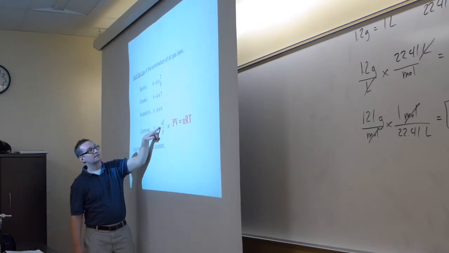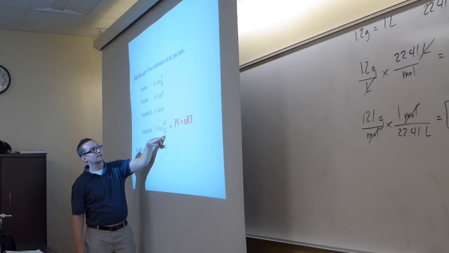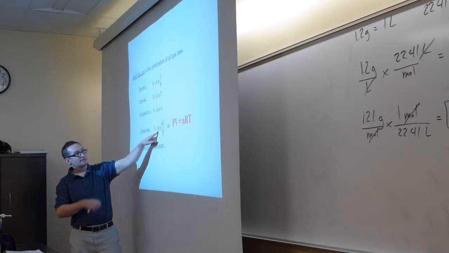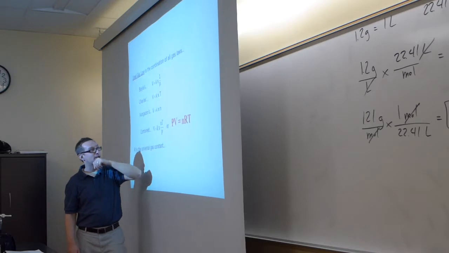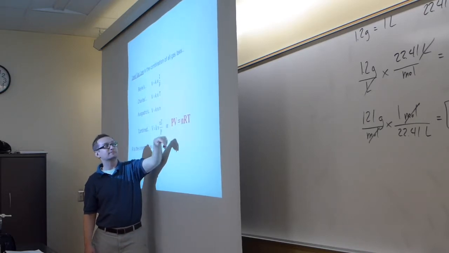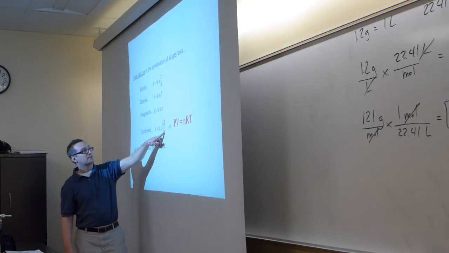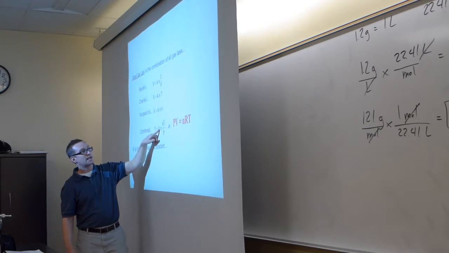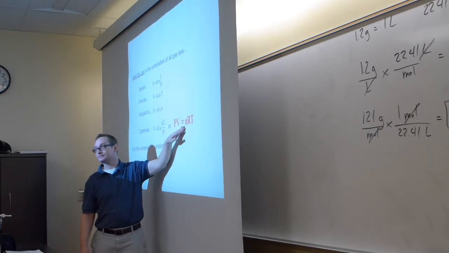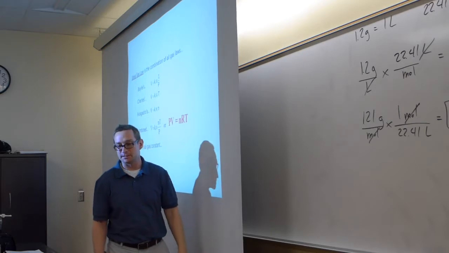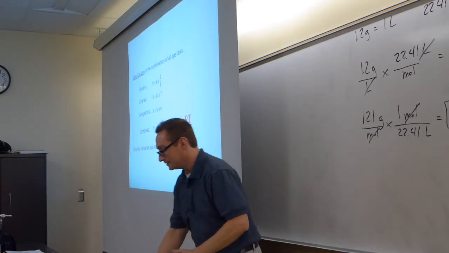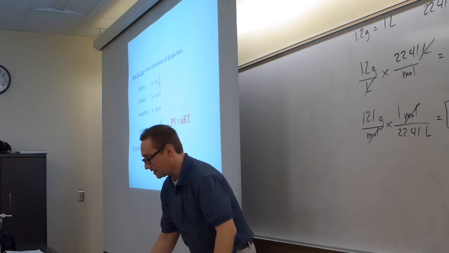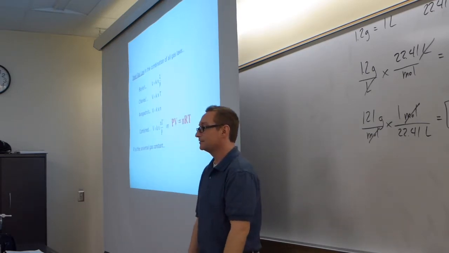You get K times NT over P. This K changes into a capital R, and you get the ideal gas law from that. So if you multiply P up here and you change this K into an R, this is what you get. So I just sort of derived the ideal gas law for you. And that R, do you remember what the R constant is?